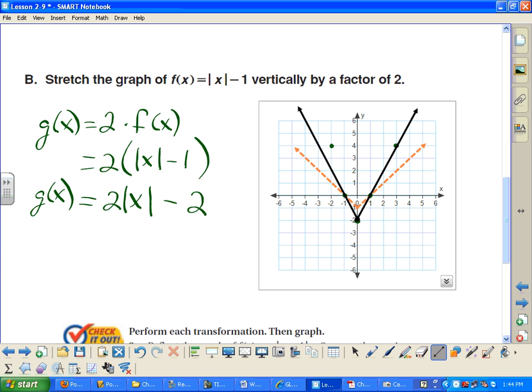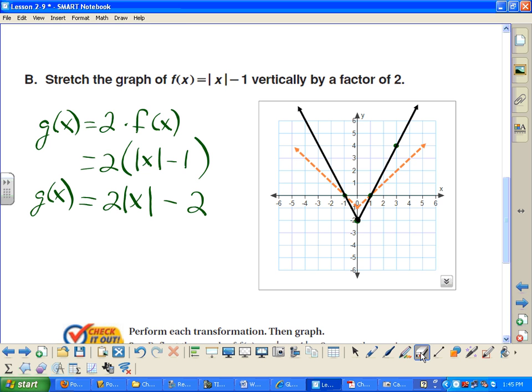Let's see this one. It should be there, right? No, that one was right. It was just the left one. Right, there we go. So vertical stretch means that I take all the y values and multiply them by that number. So all the y values have been doubled.